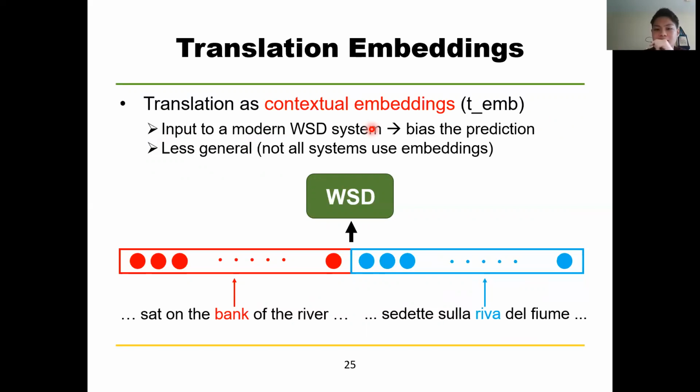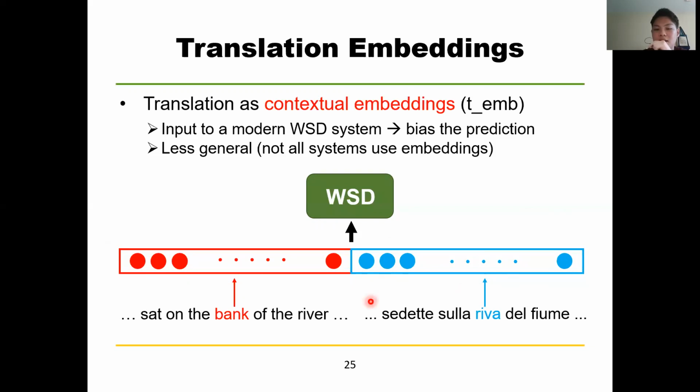WSD system itself. So as shown in this diagram here, the modern WSD system will take the contextual embedding for the test word as the input. In addition to that, we also induce the translation embedding using some contextual embedding model.